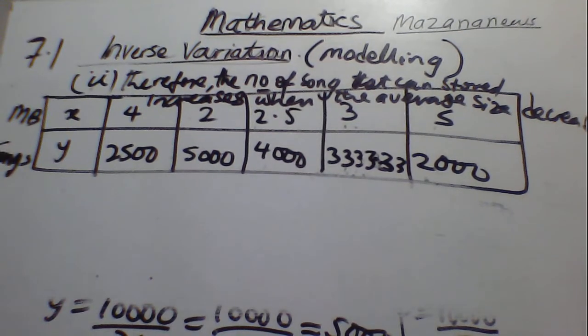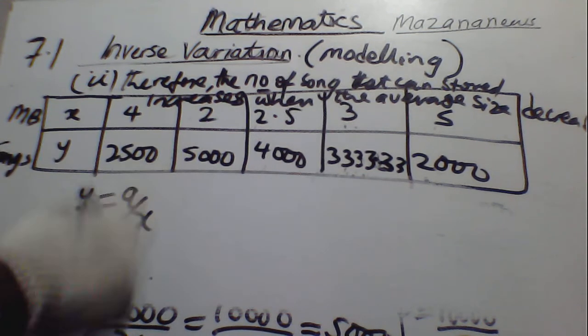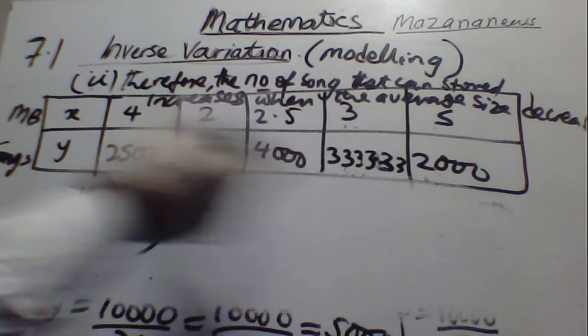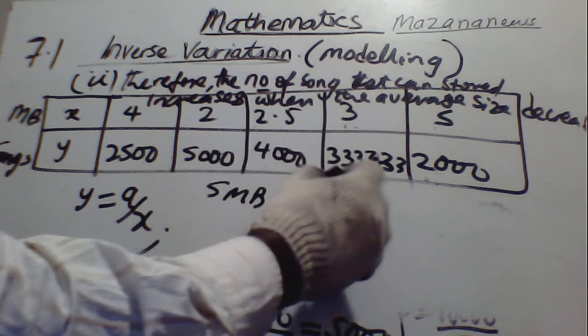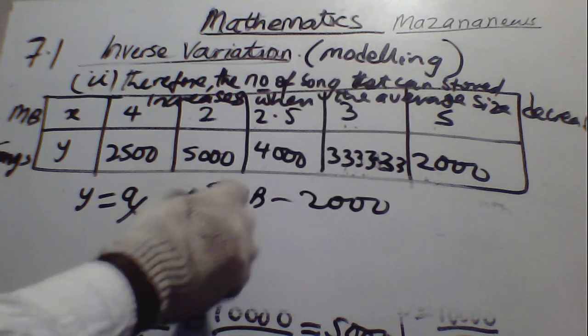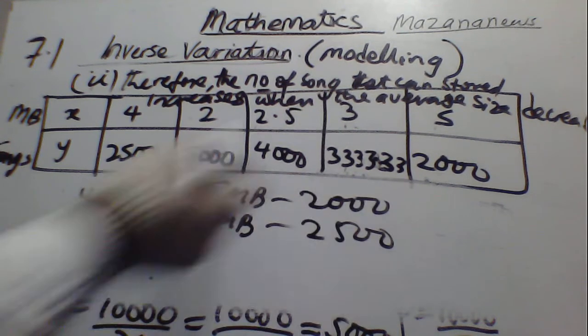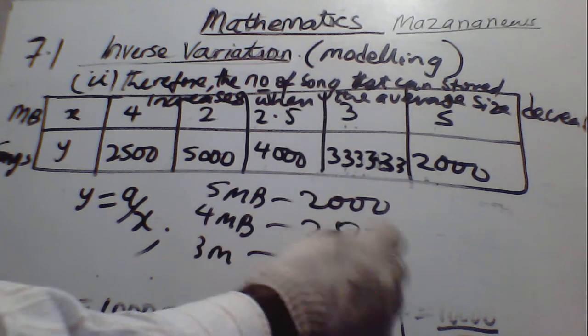They really wanted you to know if you understand the inverse variation, A over X. Looking at it, when we have 5 megabytes, the number of songs that can be stored is 2,000. When we have 4 megabytes, it is 2,500. When we have 3 megabytes, it is 3,333.